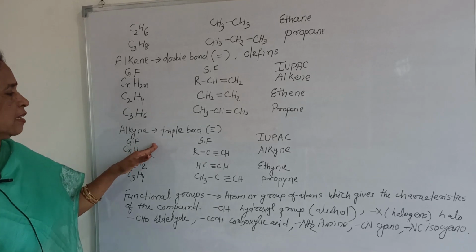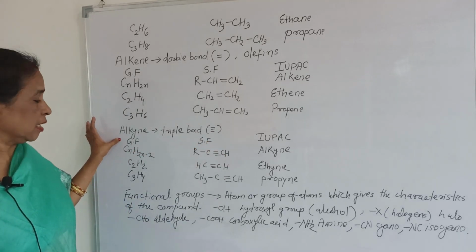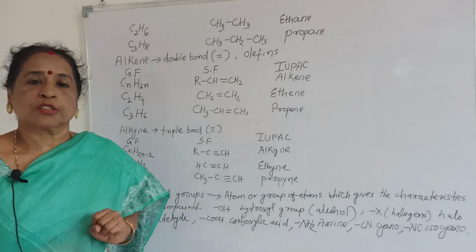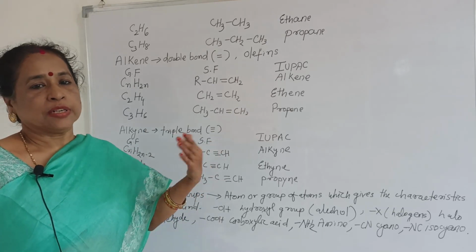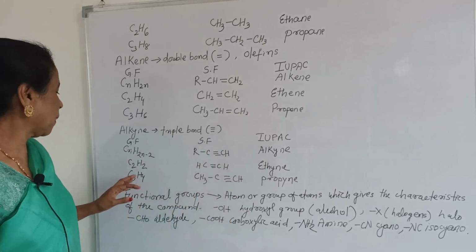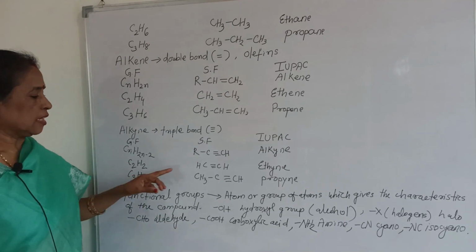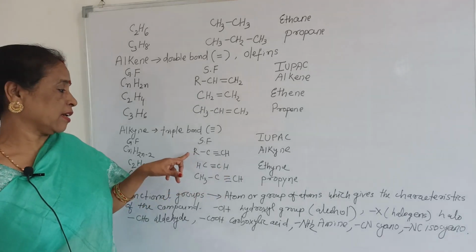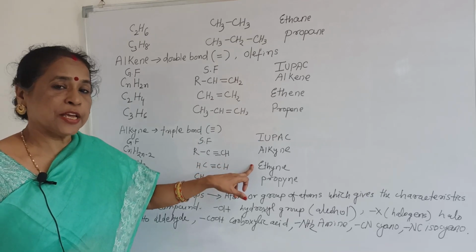Alkyne. Alkyne contains triple bond, where the general formula is CnH2n-2, and structural formula RC triple bond CH, and what is the IUPAC name? Alkyne. First compound, that is C2H2, then structural formula CH triple bond CH, where R equal to H, and what is the IUPAC name?